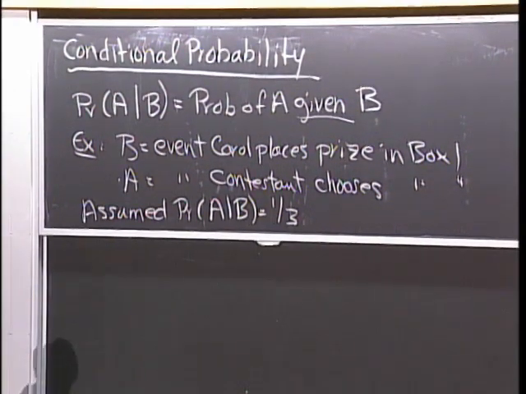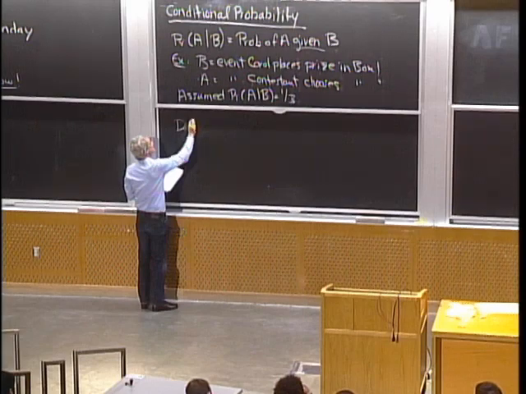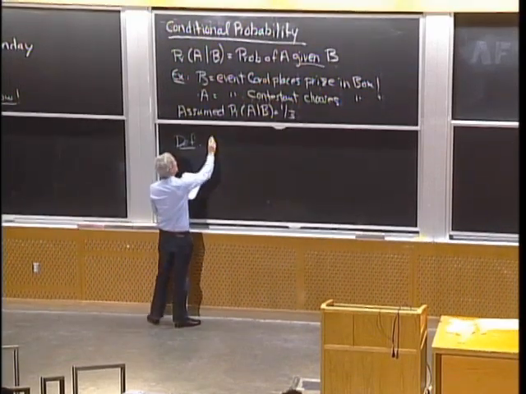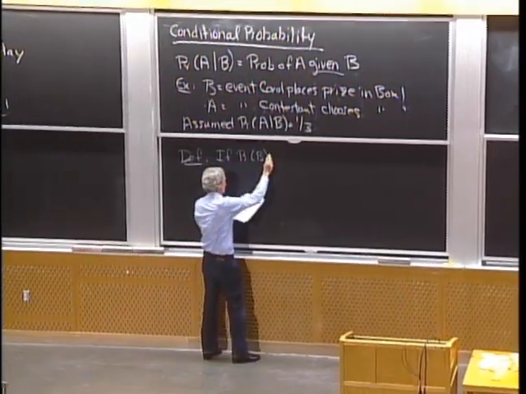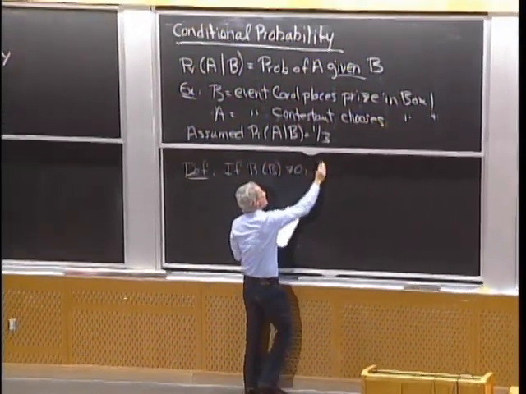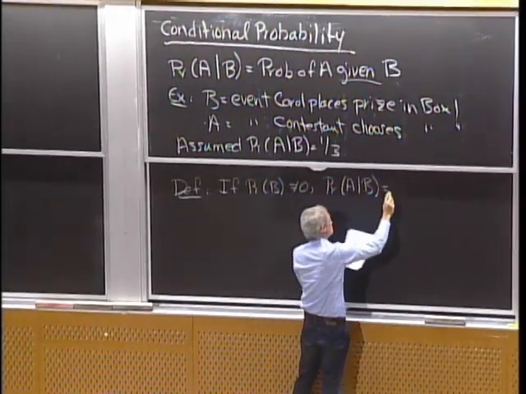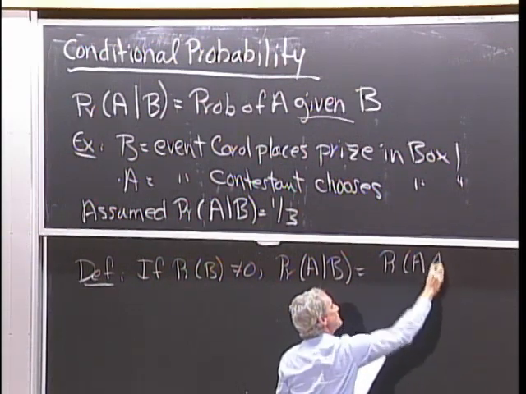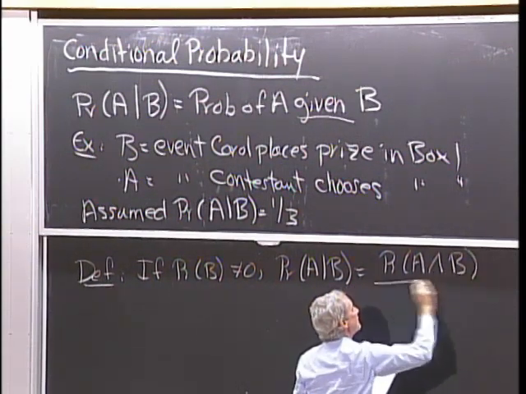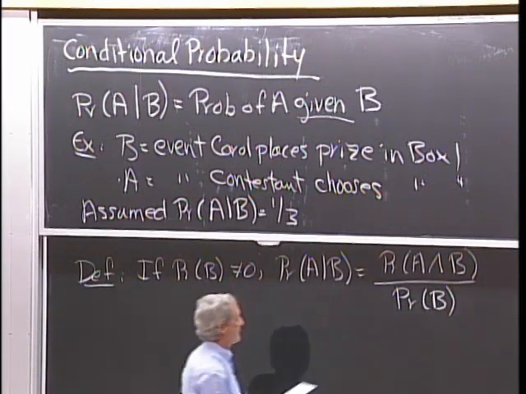Now, in general, there's a very simple formula to compute the probability of A given B. In fact, we'll treat it as a definition. Assuming the probability of B is non-zero, then the probability of A given B is just the probability of A and B both happening, divided by the probability of B happening.